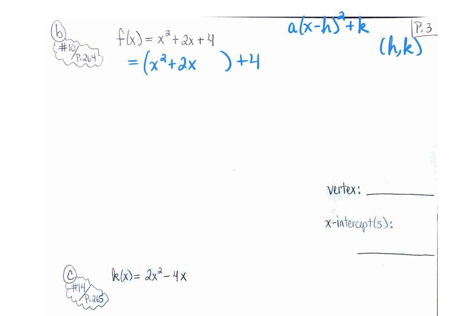Is the equation in line 2 different from line 1? It has parentheses, and the 4 is on the outside of the parentheses, but is the function the same? Yes. So did we change it? No, we did not change the function. We just added parentheses, because we're getting ready to put a number in a certain way. We're going to complete the square.